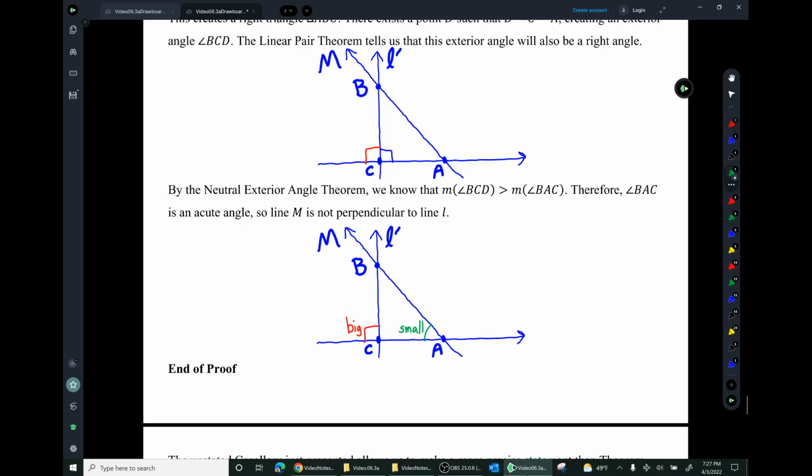So that means that the green angle is less than 90 degrees in measure. So that line M is not perpendicular. So again, we said, suppose you've got one line through B that is perpendicular to line L. I should have line L highlighted here. Then we can say very easily that there cannot be another line.